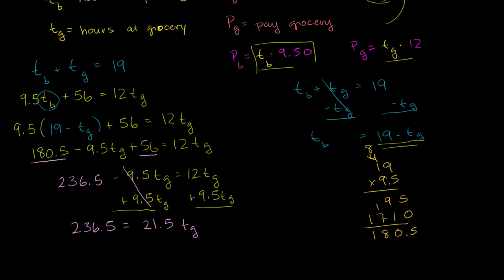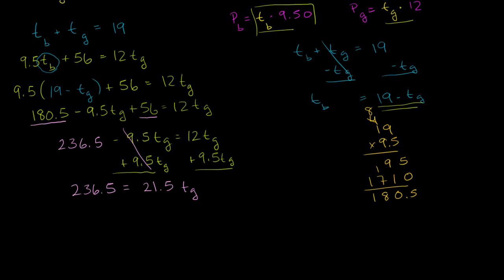So now we can just divide both sides of this equation by 21.5, and we figure out how long she spent at the grocery. That cancels out, and the time she spent at the grocery is equal to 236.5 divided by 21.5.